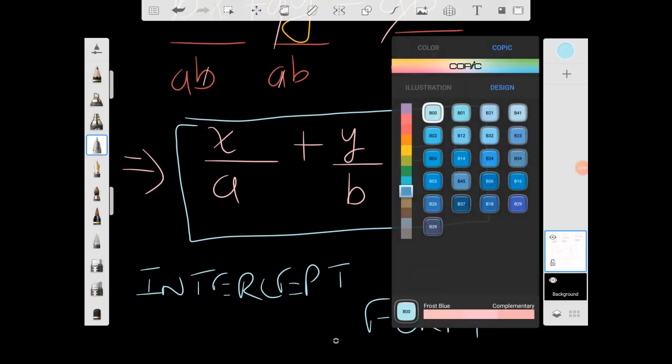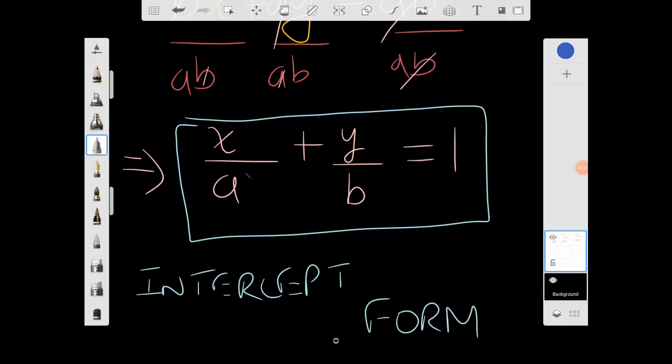If you look carefully, we have a and we have b. What is a? a is the x-intercept and b was the y-intercept. If you rewind the video a little back, you will see that a was the x-intercept, b was the y-intercept. So suppose we already have two intercepts of a line, we can directly use this equation and find the equation of that straight line.